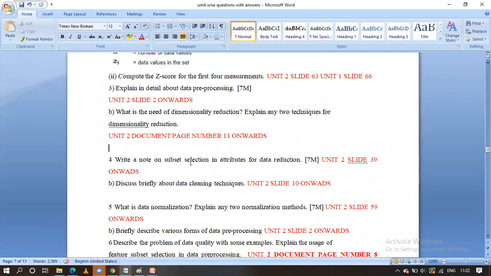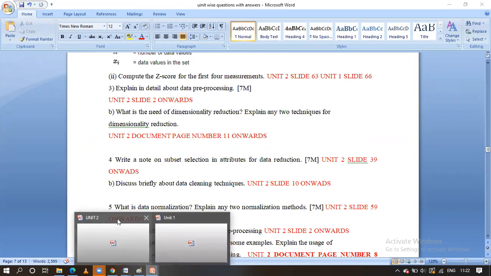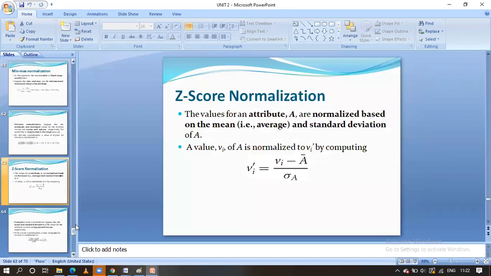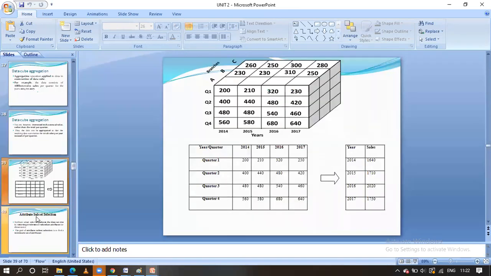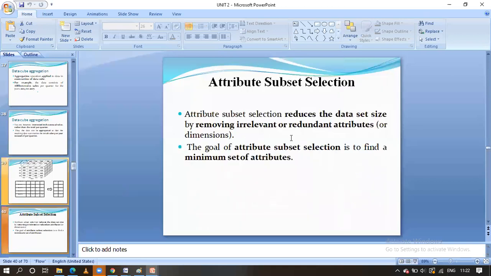And the next one is, okay, subset selection of the attributes, that comes under the data reduction. That is unit 2, 39 slide. Okay, here is this one, guys.